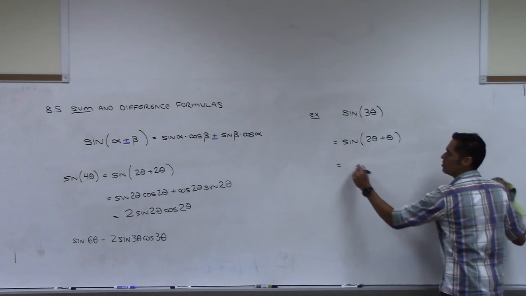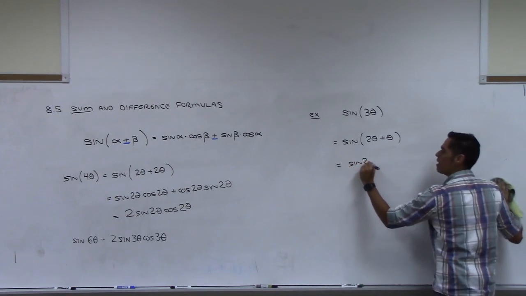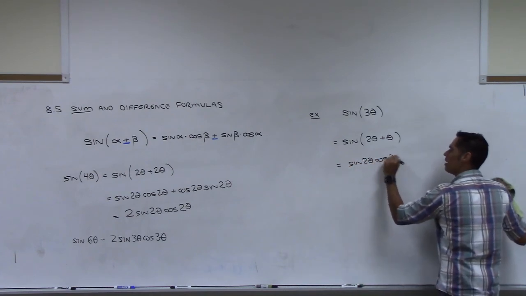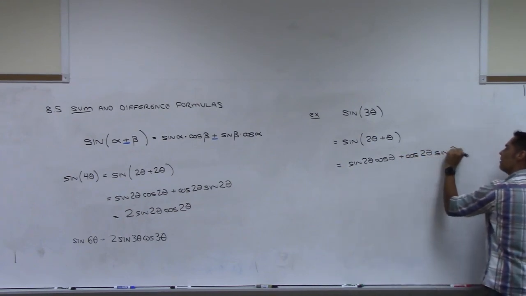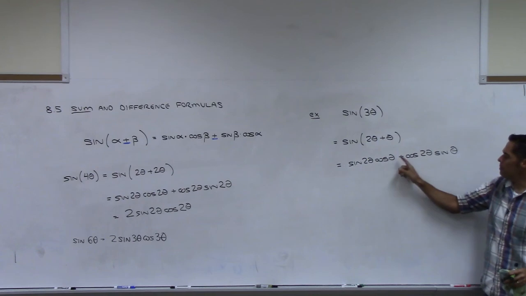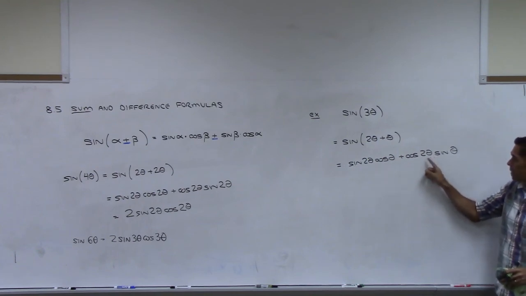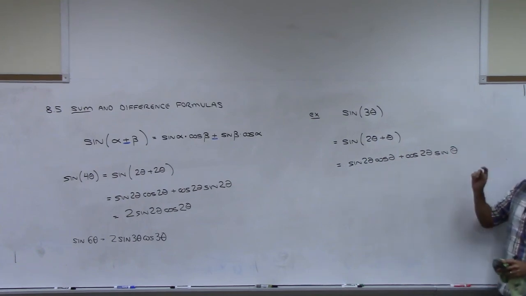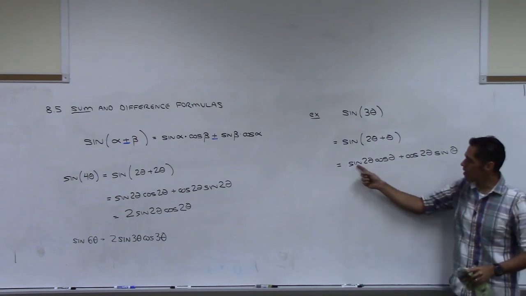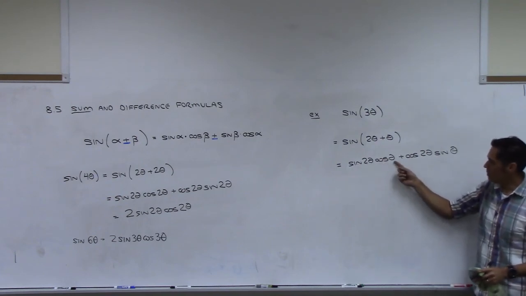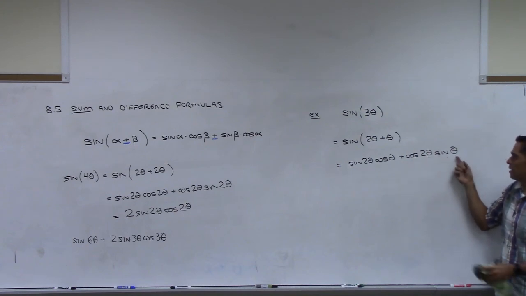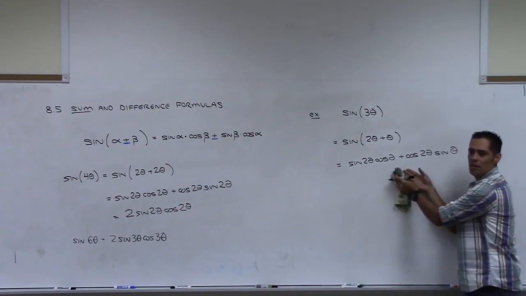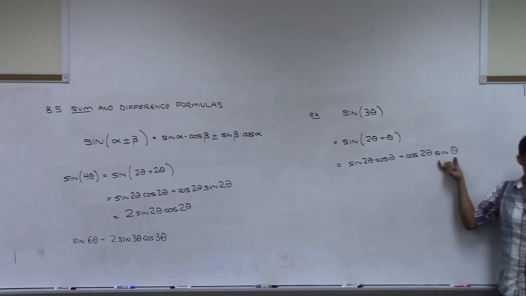It's sine 2 theta cosine theta plus cosine 2 theta sine theta. That's sine alpha times cosine beta plus cosine alpha times sine beta. You can't put these two together because they're not identical anymore.